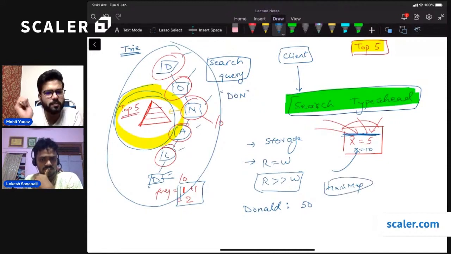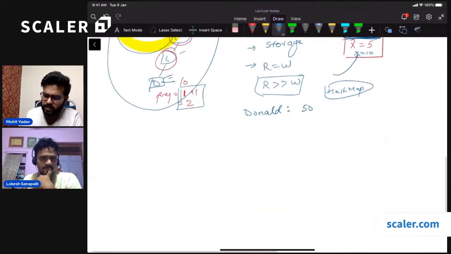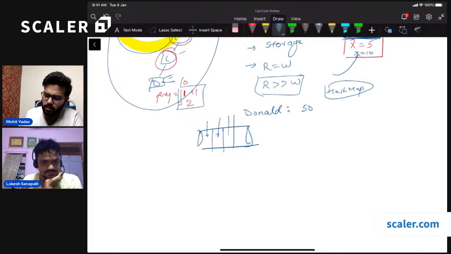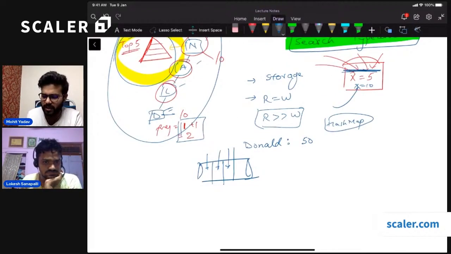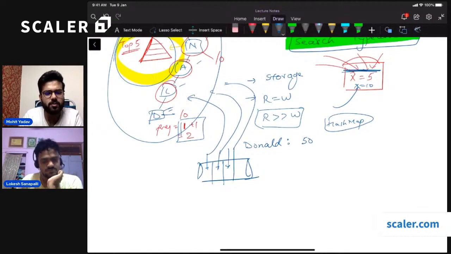Let's suppose I store it in a message queue. There is a Donald message here, again and again. Whoever is consuming will end up updating the trie the same number of times you have pushed the message, so the writes are not decreasing.